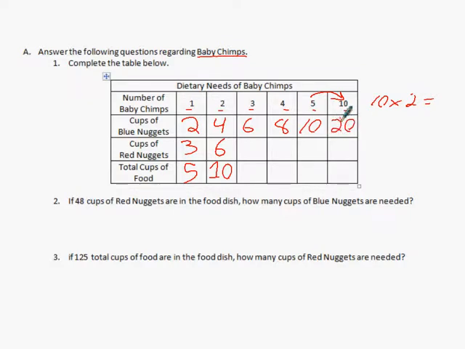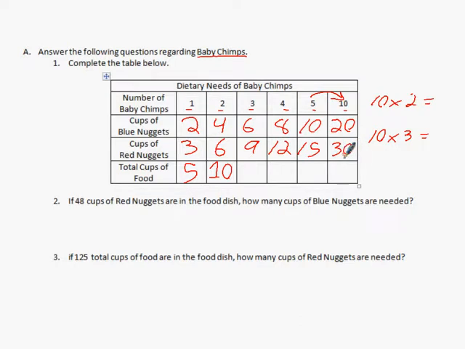Now let's take a look at the cups of red food. Each chimp needs 3 cups of red food. So we have 3, 6, 9, 12, 15, and then it jumps again. Once again, we do 10 times 3 equals 30.